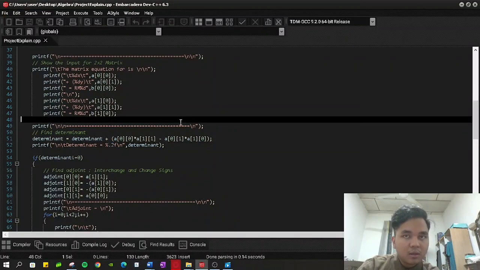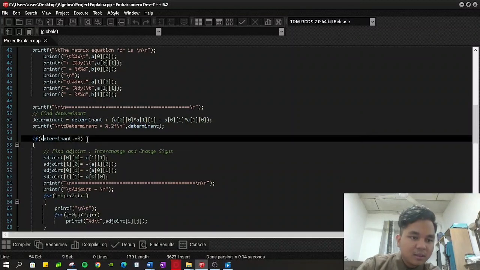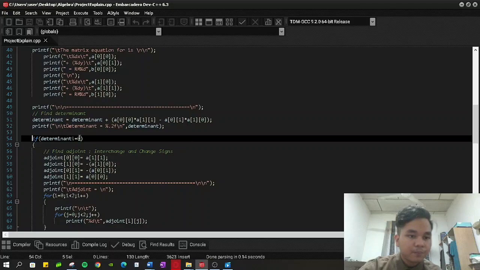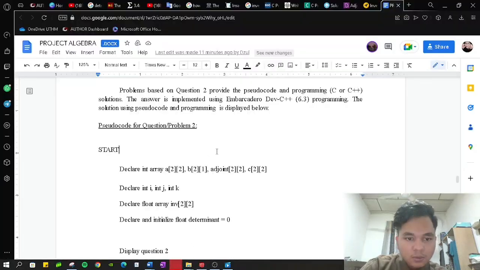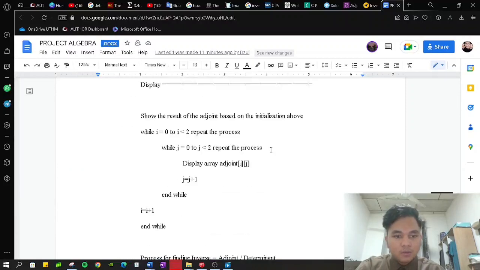0.2 means it takes only 2 places after the point. So determinant. This part, if determinant not equal to 0, my pseudocode is wrong. Not equal to 0.